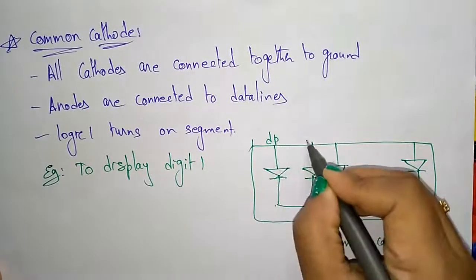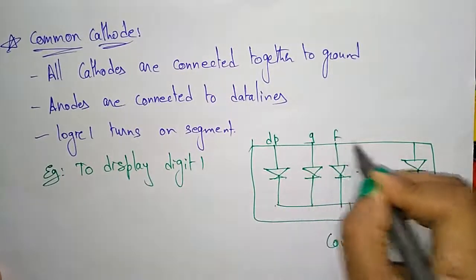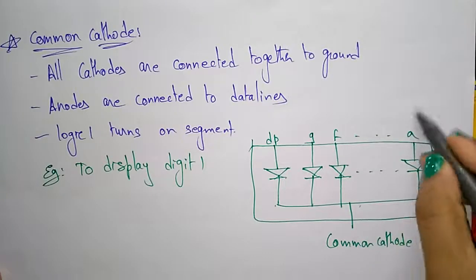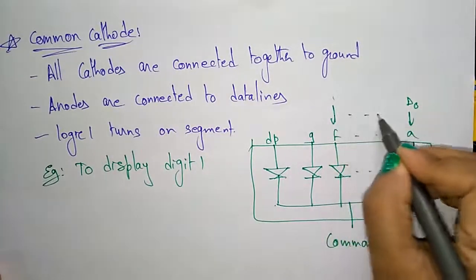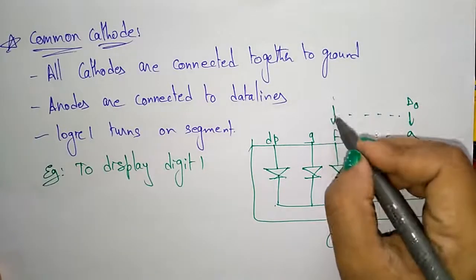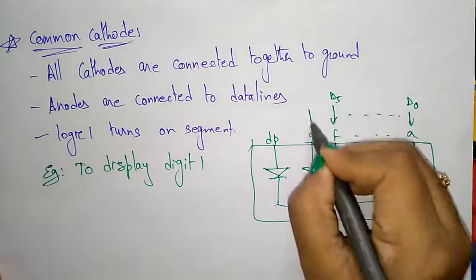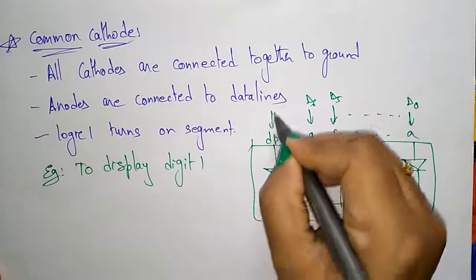This is the DP, G, F, A. So A indicates D0, F, D5, D6, and this is D7.